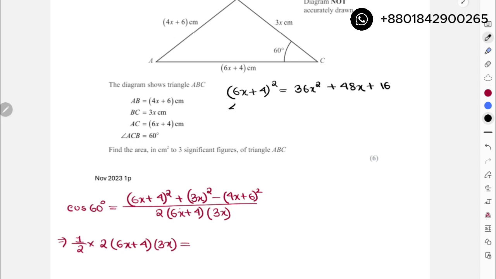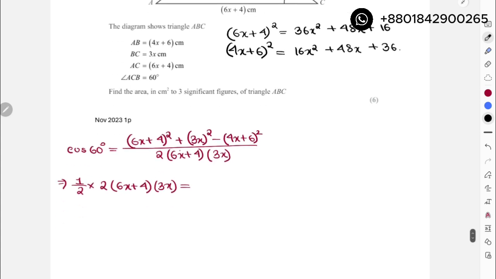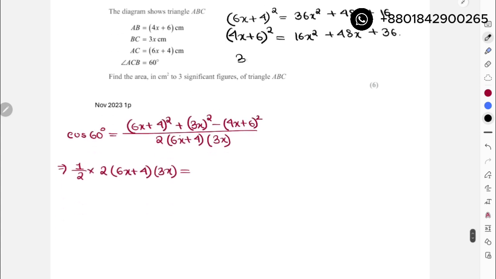And then again another expansion is (4x plus 6) whole square. This is again 4x whole square is 16x square, 2 times 4 times 6 is another 48x, and this is again 36, right? So now, obviously (3x) whole square is just 9x square.